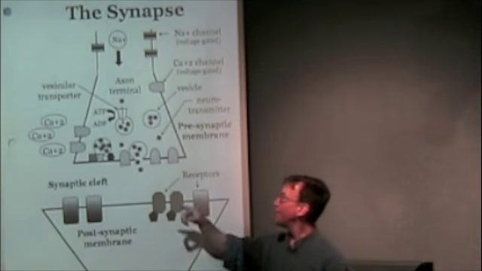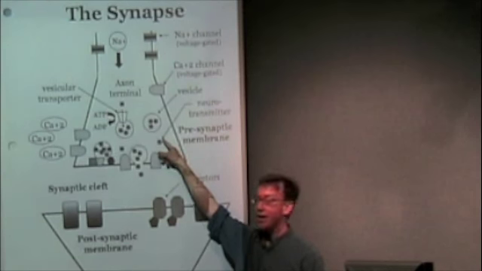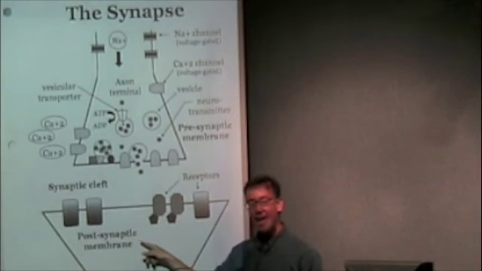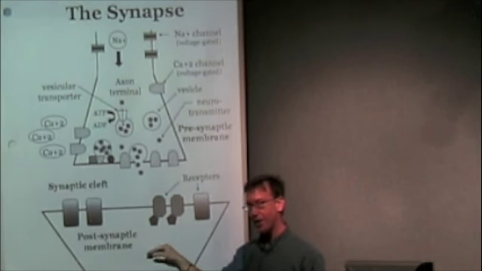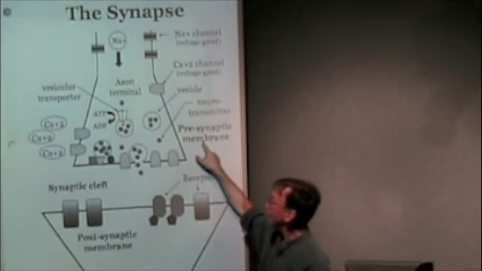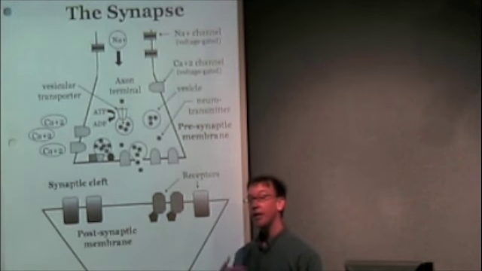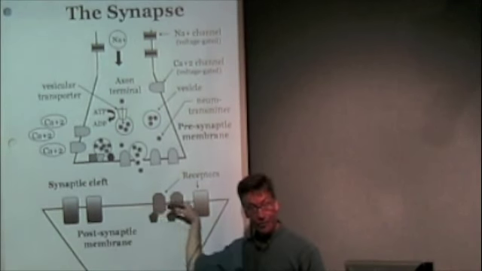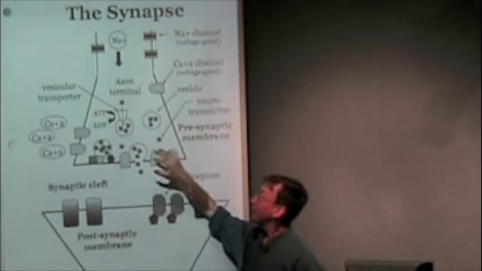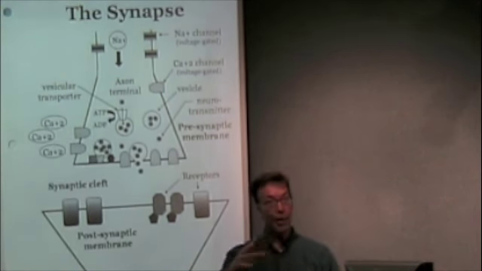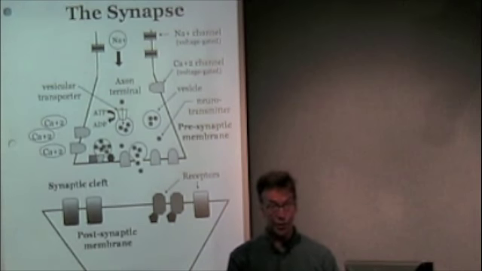There's a gap between the axon terminal of one neuron and what's called the postsynaptic membrane, after the synapse, of the next. The axon terminal is also called the presynaptic membrane. Pre is before, before the synapse or space, and post is after, right? So think about how you would identify these different components of a typical synapse.